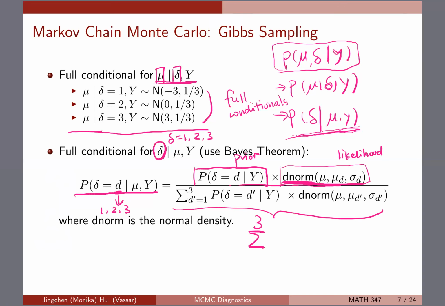So to rewrite it, you can think of this as delta equals 1, given mu and y.